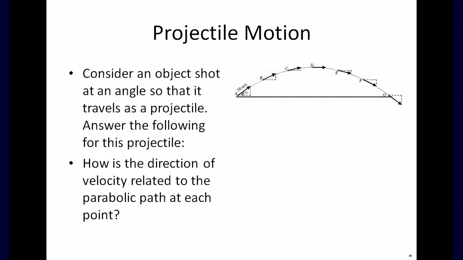Now, consider an object shot at an angle so that it travels as a projectile. How is the direction of velocity related to the parabolic path at each point? Well, it is a tangent at each point along that path. So the velocity, the path of the velocity, is a tangent line.